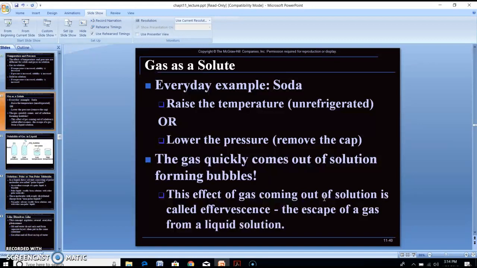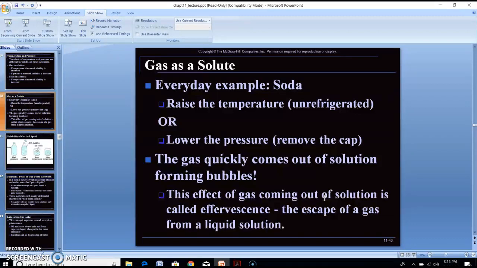Everyday example: soda. Raise the temperature. Whenever we take the soda out of a refrigerator and remove the cap, the temperature inside the bottle was a little bit lower, and when we open it, the outside temperature makes the soda a little bit warmer.